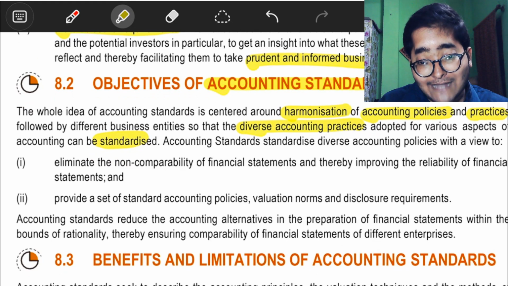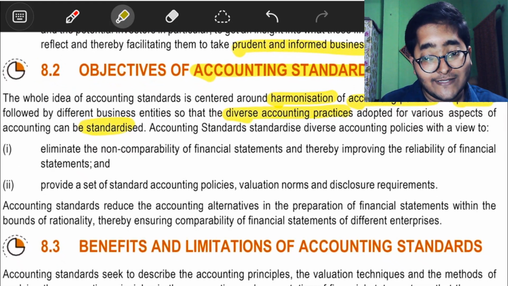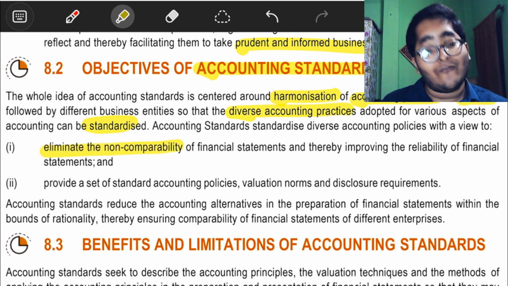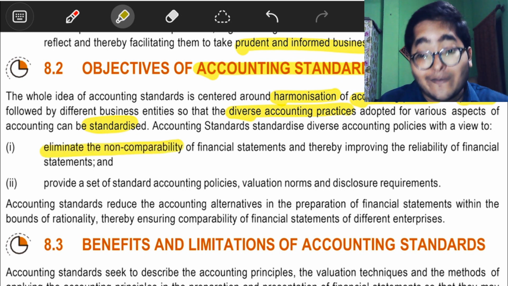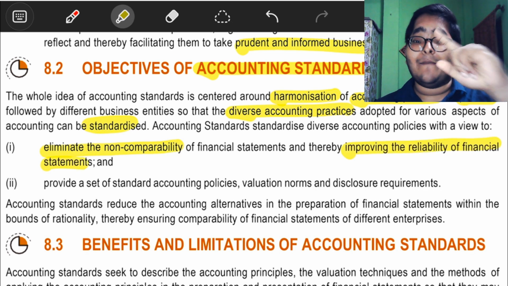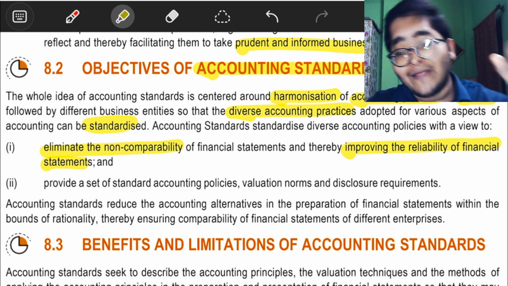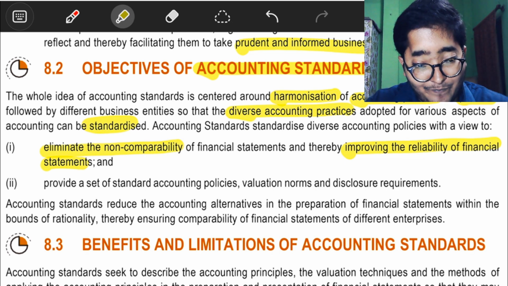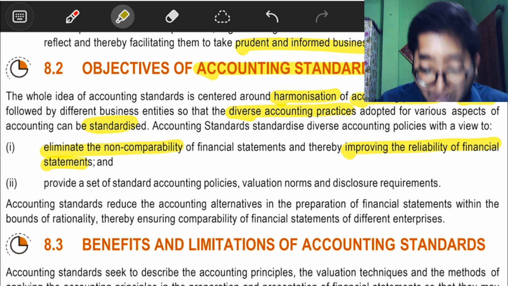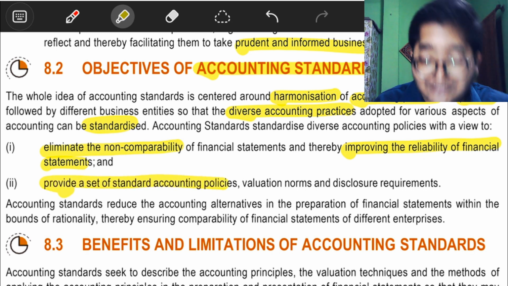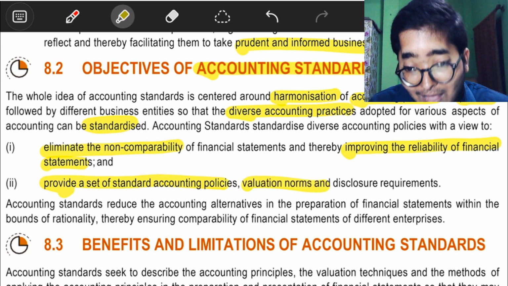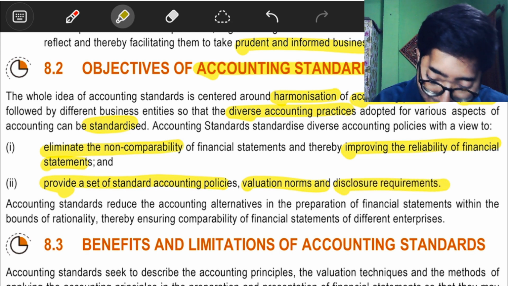Accounting standards standardize diverse accounting policies with a view to eliminate the non-comparability of financial statements and thereby improving the reliability of financial statements. Eliminate non-comparability, improve reliability, and number 2, provide a set of standard accounting policies, valuation norms, and disclosure requirements.